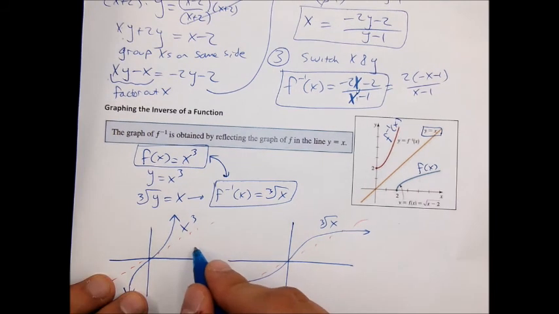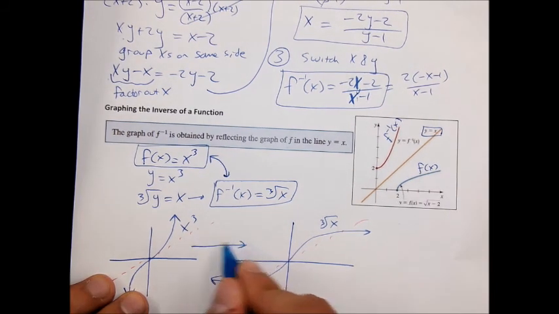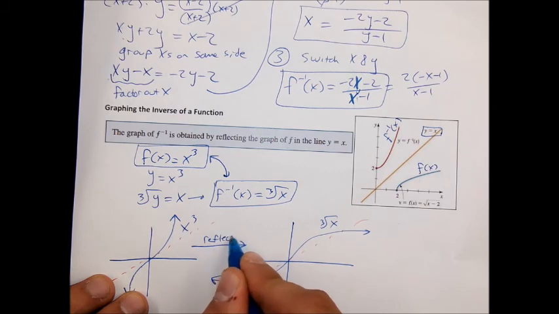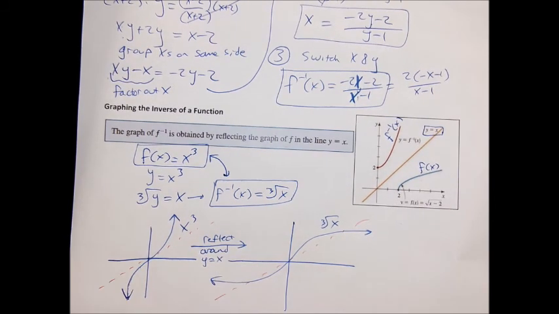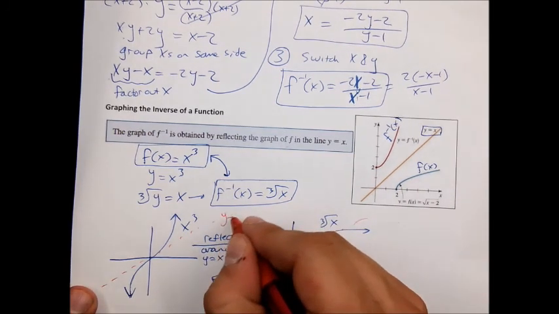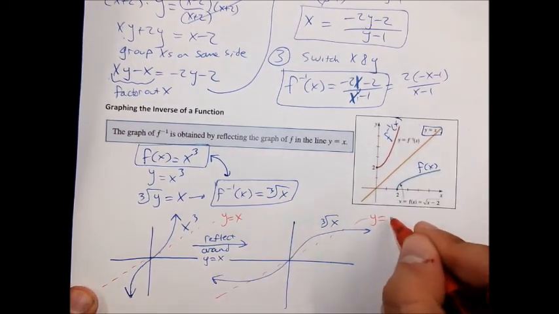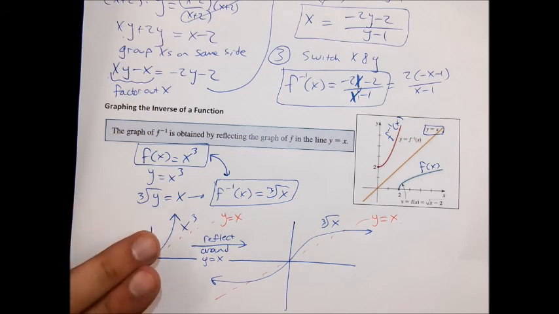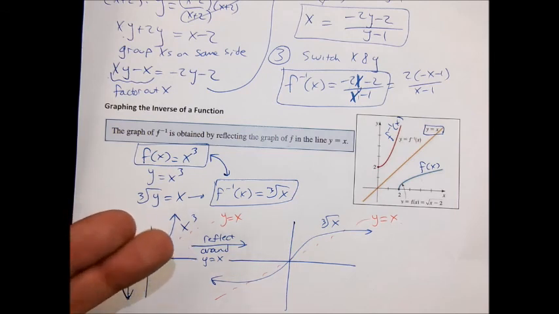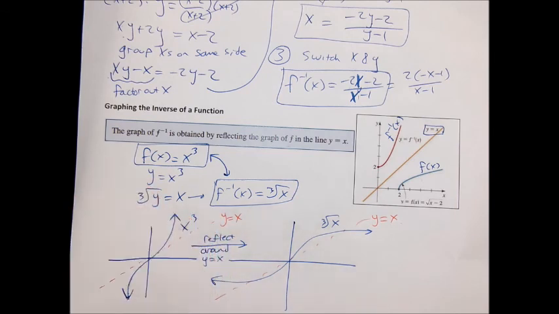But if we reflect the graph on the left around the line y equals x, and again, that's what's being shown in the red here. That's y equals x, y equals x. If we took this graph on the left and we just flipped it over like this around that line, it's kind of hard to imagine, but it would look like this, right?